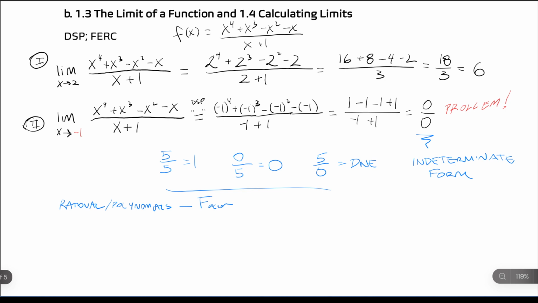If I have expressions in a power, then we will expand. If I have root functions, then we will rationalize. And if we have fractional expressions, then we will combine.